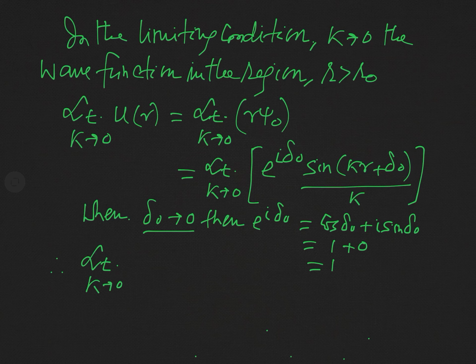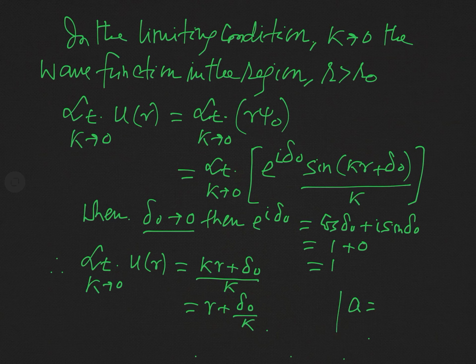Therefore limit k tends to 0 of u of r will be simply kr plus delta naught divided by k, and if you divide both terms separately by k, the result will be r plus delta naught by k.